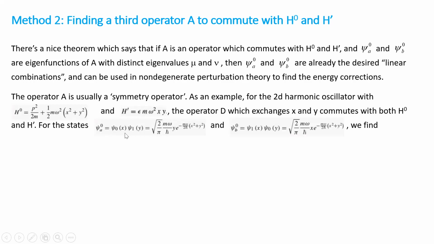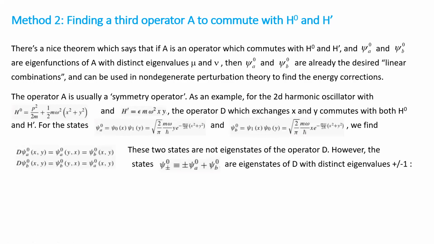So we can start by looking at the two states which we had before, which were psi A0 is psi 0x psi 1y, and psi B0 is psi 1x psi 0y. Okay. So what do we get when we operate with D on those states? Well, let's see. D on psi A0, x and y.